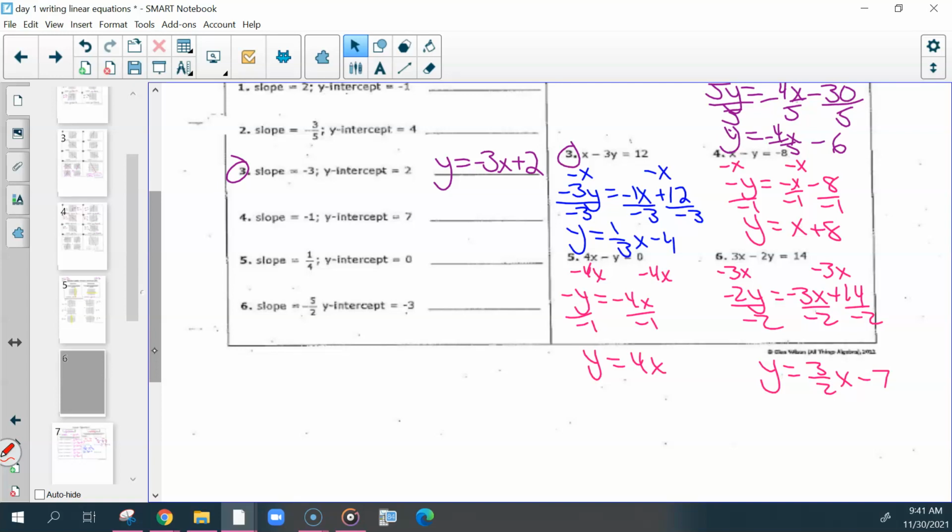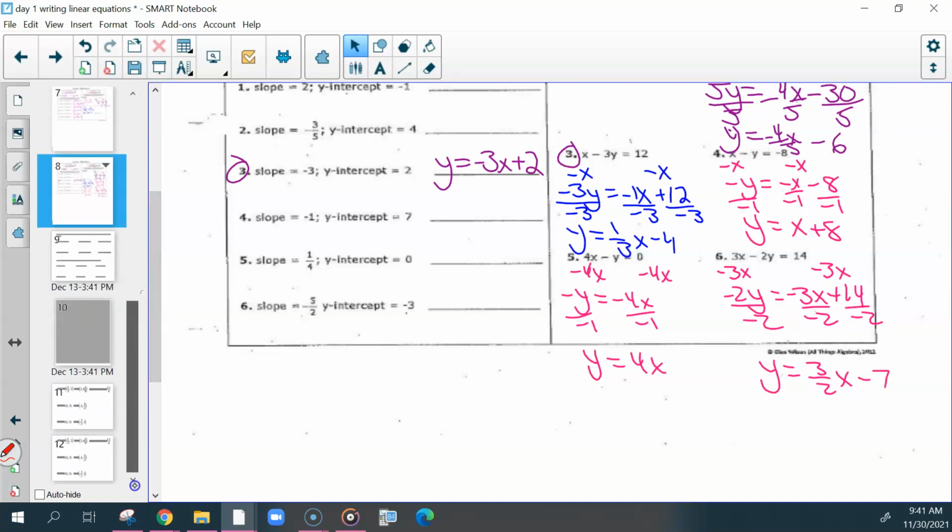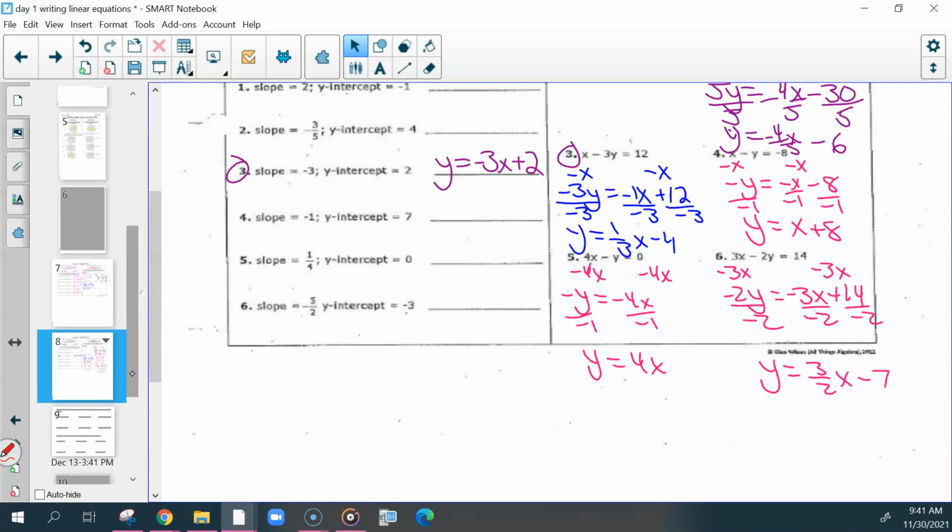Well, I'll give you the option. On the very back, there are different practice sheets. So the one that says Unit 5 Objective 1/2 Writing Linear Equations is 2 pages. I want you to try numbers 1 through 6 and 19 through 24.